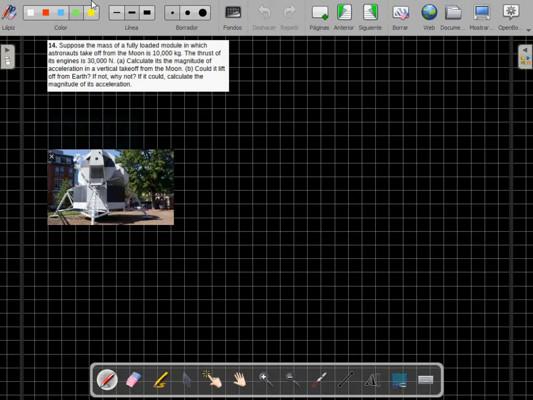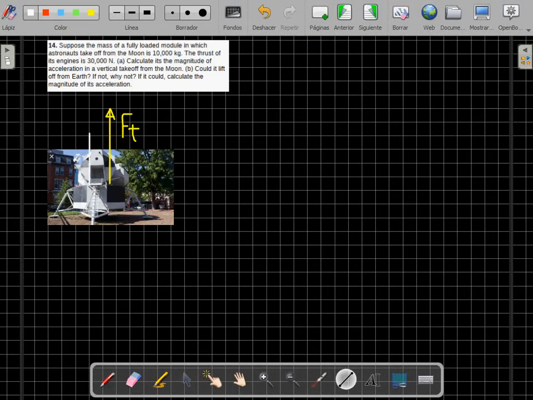Once again, let's try to identify all the forces involved in this exercise. First of all, we had a force of the thrust. Once again, it's going to be equal to 30,000 newtons. Let's suppose that the acceleration is going upward, because that's what we want, right?